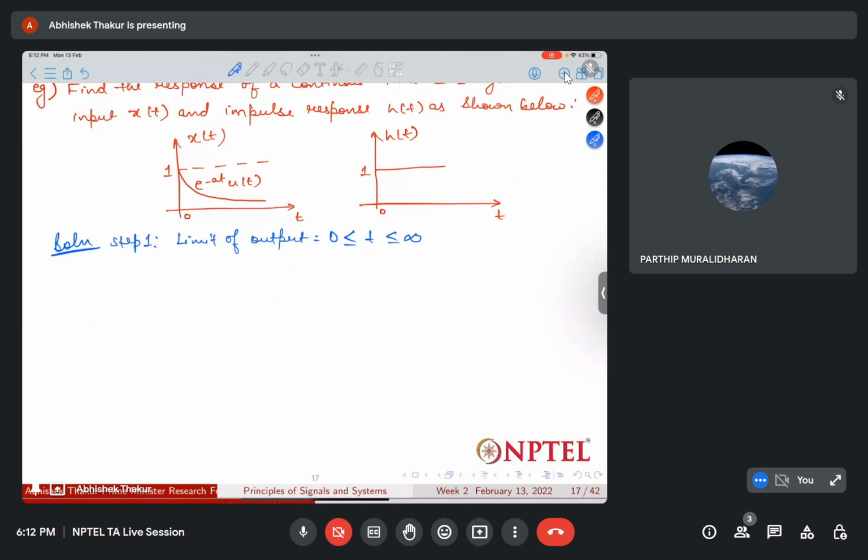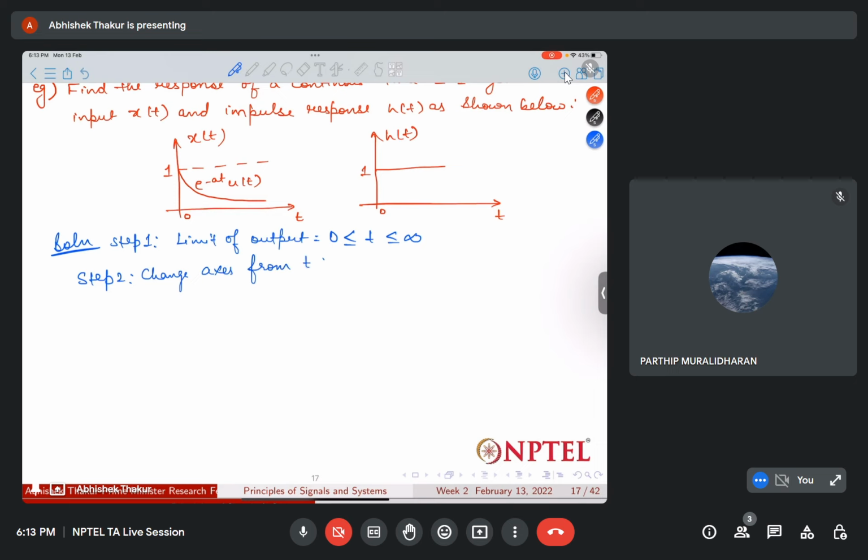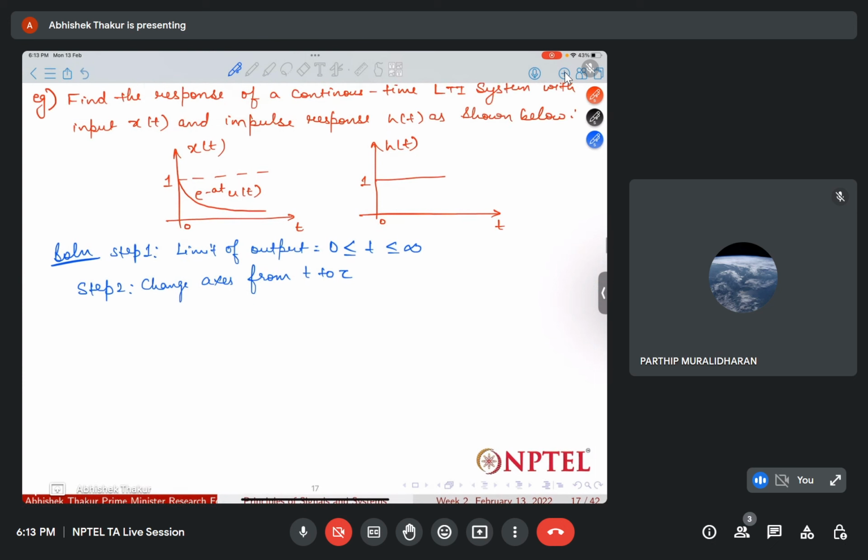Now step 2: we have to change the axis from t to tau. When you change the axis from t to tau, you will get x tau, and the x-axis will be tau.